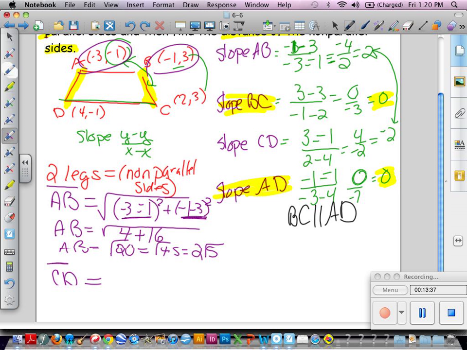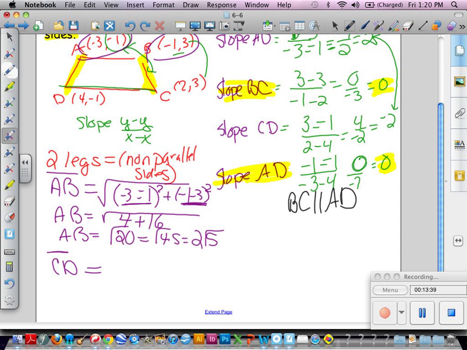All right, now working with CD. Square root of. I'm hoping I'm going to get 2 root 5. I'm leaving these in radical form, guys. We need to practice on that. All right, so I'm going with my x's here, 2 minus 4, squared, plus 3 minus negative 1 squared.